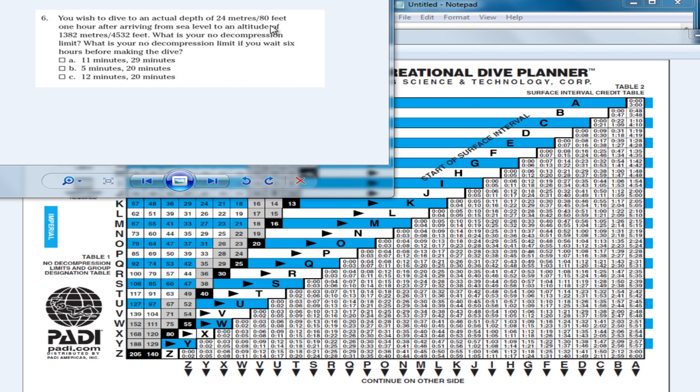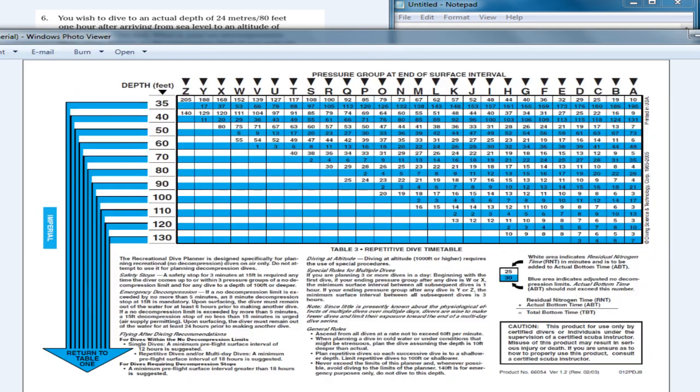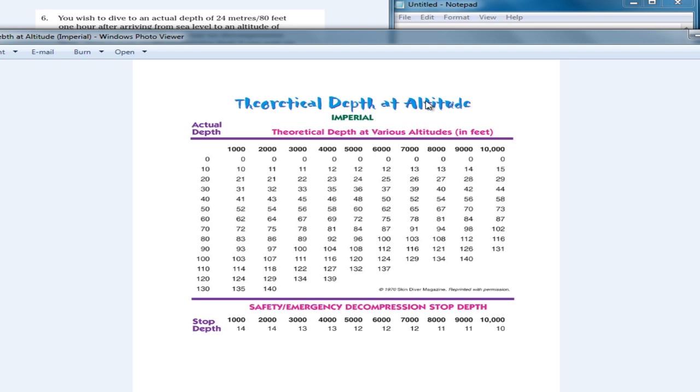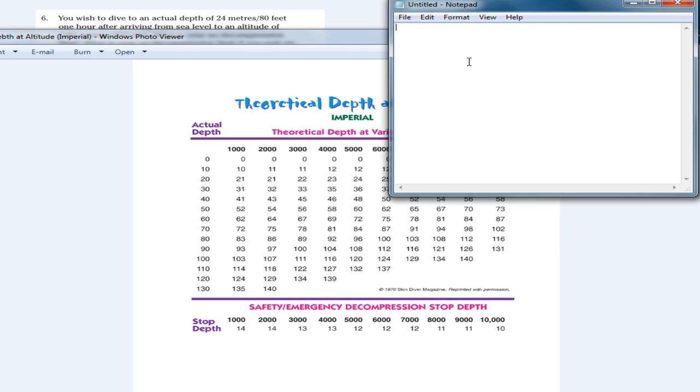The actual depth is 80 feet at 5,000 feet. So if we go to our theoretical depth at altitude table, we take the actual depth of 80 feet and go over to 5,000. As you can see, it is 96 feet, and we round that up to 100. So our theoretical depth is going to be 100 feet.